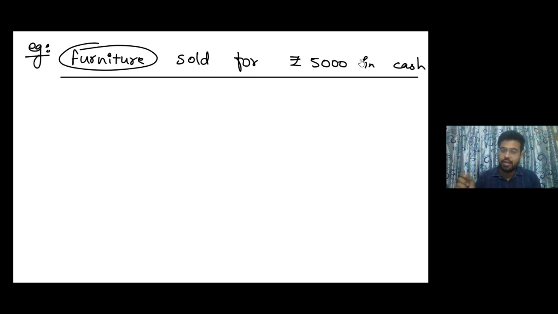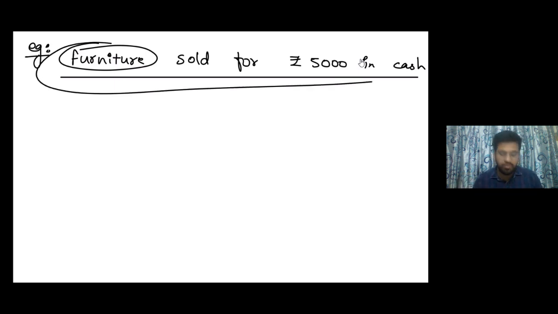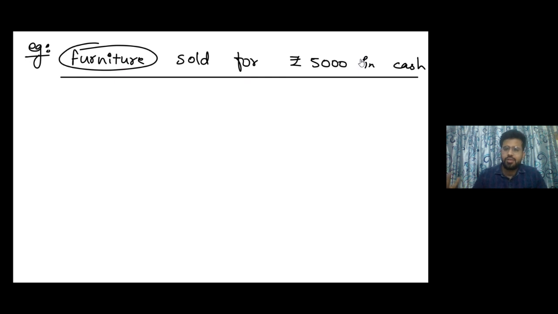Have I written anywhere in this line the furniture, or mentioned goods in brackets? No. So furniture was there and I have sold it for rupees 5,000. In that case, an asset is being sold. It may be that the furniture is not in good condition, so I have sold it as scrap and I have got 5,000 rupees in return.